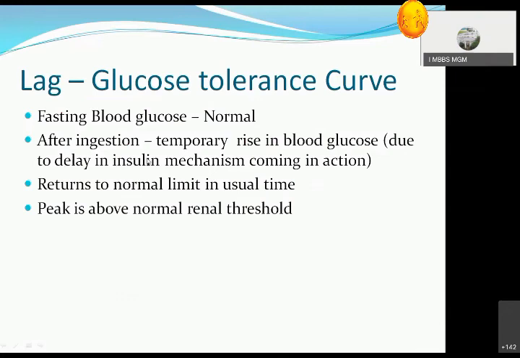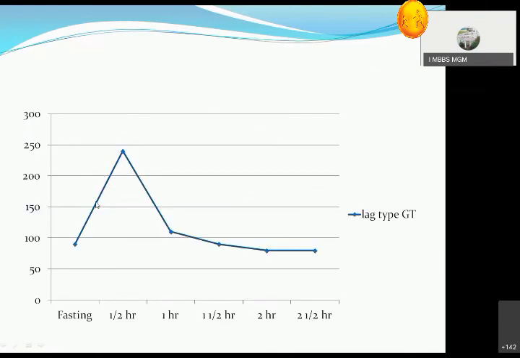So in lag curve, the action of the insulin is delayed. So fasting sample is normal, but the peak is above the renal threshold because insulin comes into action very late. So the peak will be above the renal threshold, and the rest of the things are like the normal glucose tolerance curve.